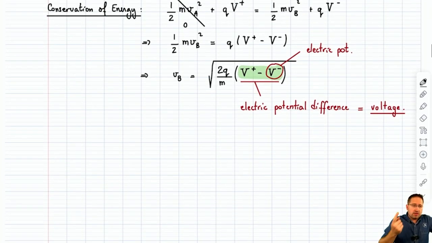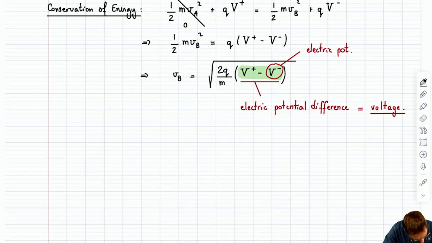Okay, so now let's learn how to compute V plus minus V minus. We're going to do this in problems, so I'm not going to spend too much time on it. I'm going to try to organize this in a way that makes sense when we go do problems.